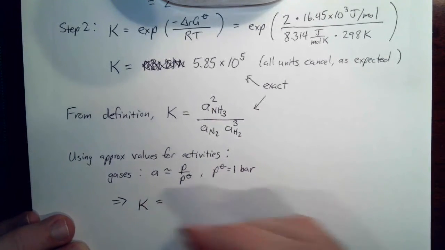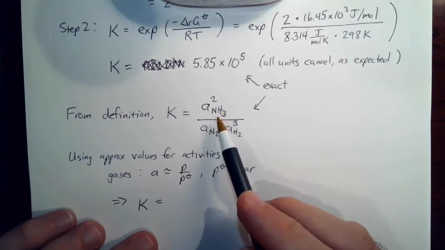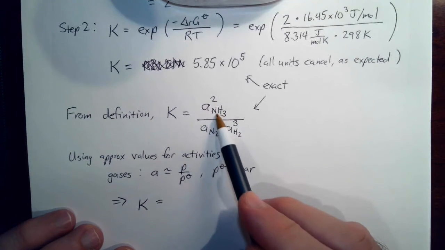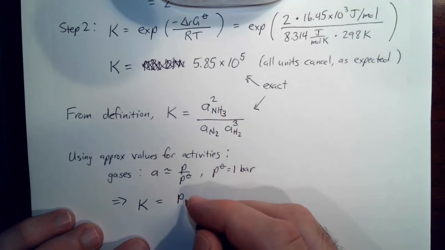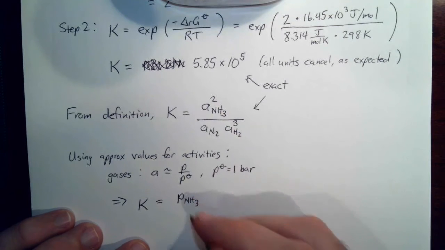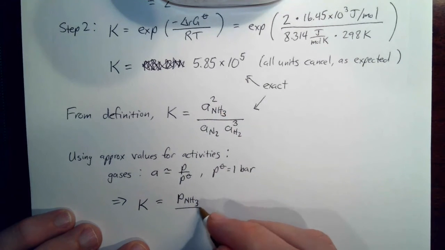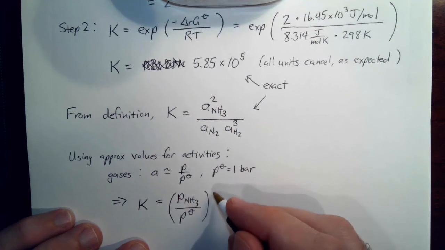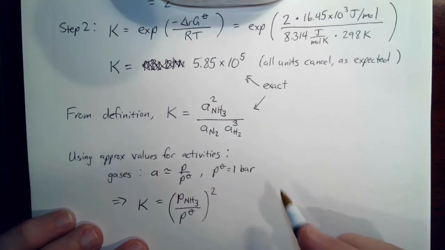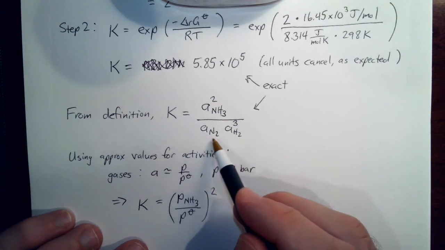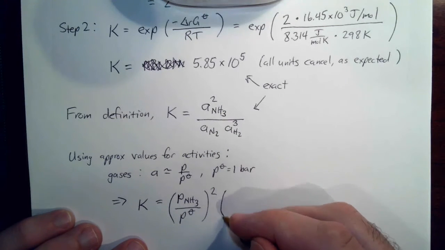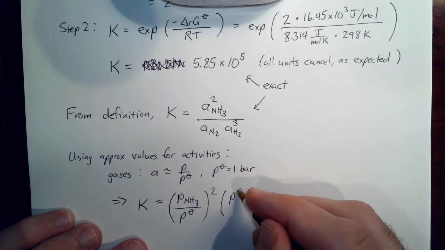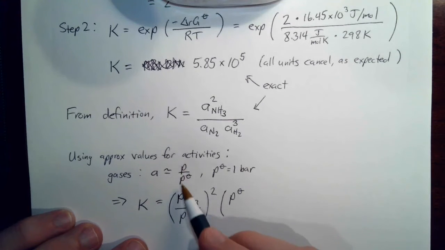So in the numerator, this is squared, the activity squared, so I'm going to have the partial pressure of NH3 over standard pressure squared. And in the denominator, I have 1 over this activity, so that's going to be the reciprocal of this fraction.